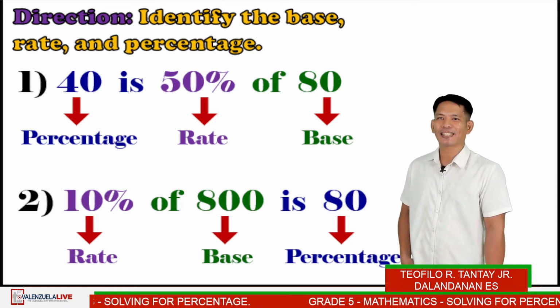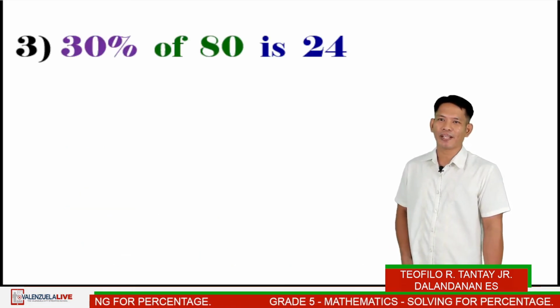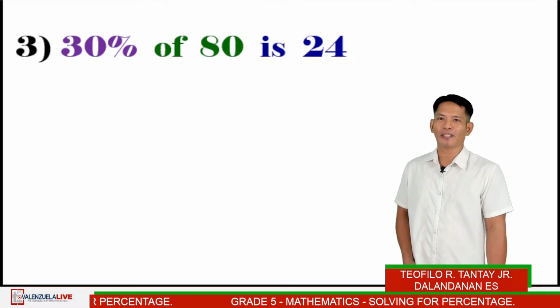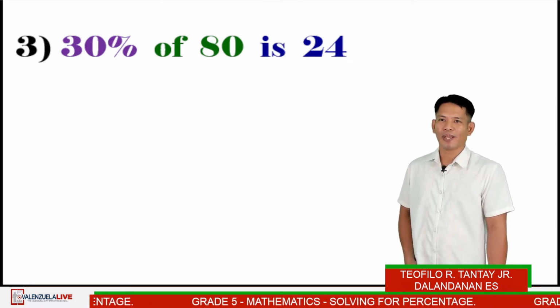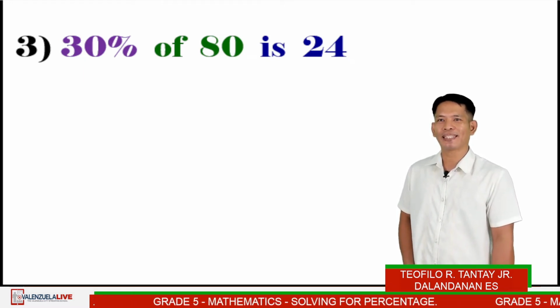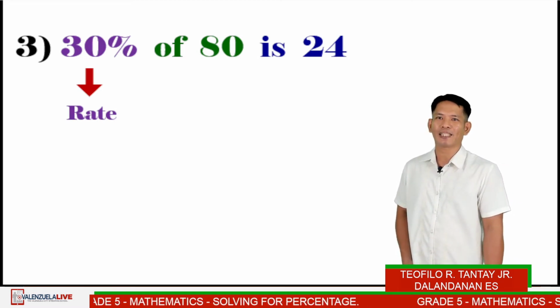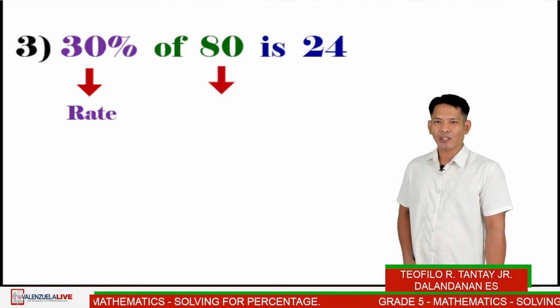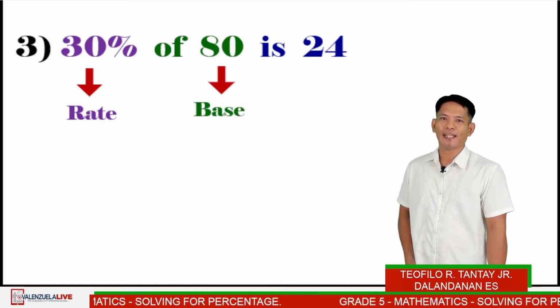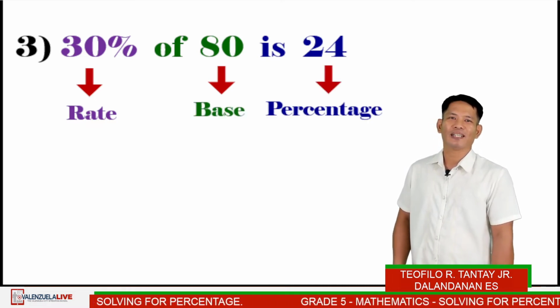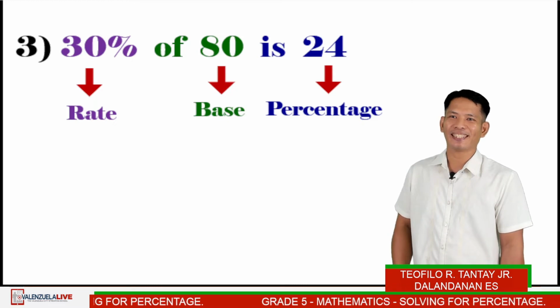Let's try another example. Number 3, 30% of 80 is 24. Based on the three elements, 30% is the rate. Of course, it is the only number with a percent symbol. 80 is the base, and 24 is the percentage.